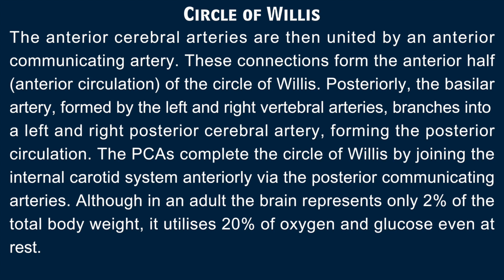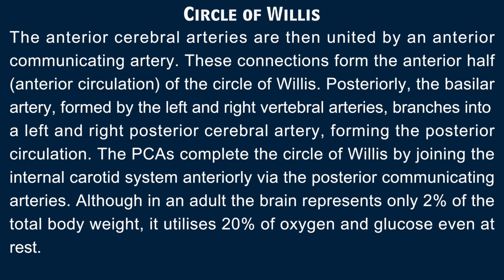These connections form the anterior half of the circle of Willis. Posteriorly, the basilar artery formed by the left and right vertebral arteries branches into a left and right posterior cerebral artery, forming the posterior circulation. The posterior cerebral arteries complete the circle of Willis by joining the internal carotid system anteriorly via the posterior communicating arteries.